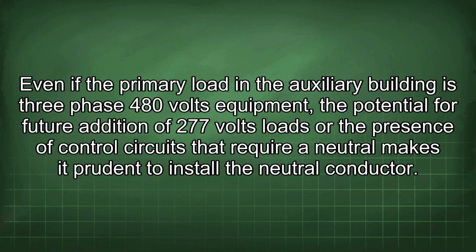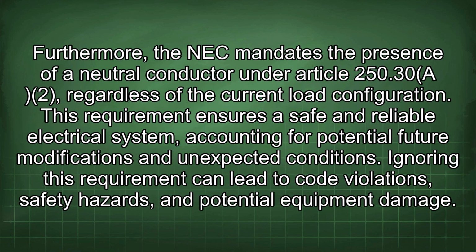Even if the primary load in the auxiliary building is three-phase 480 volt equipment, the potential for future addition of 277 volt loads or the presence of control circuits that require a neutral makes it prudent to install the neutral conductor. Furthermore, the NEC mandates the presence of a neutral conductor under Article 250.30(A)(1), regardless of the current load configuration. This requirement ensures a safe and reliable electrical system, accounting for potential future modifications and unexpected conditions.